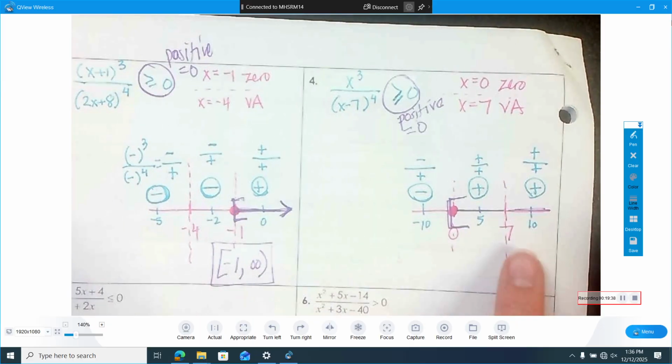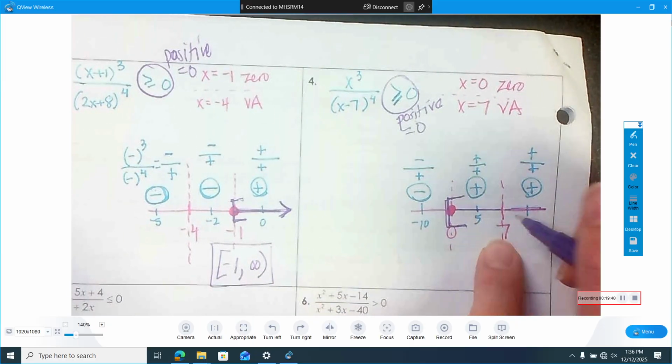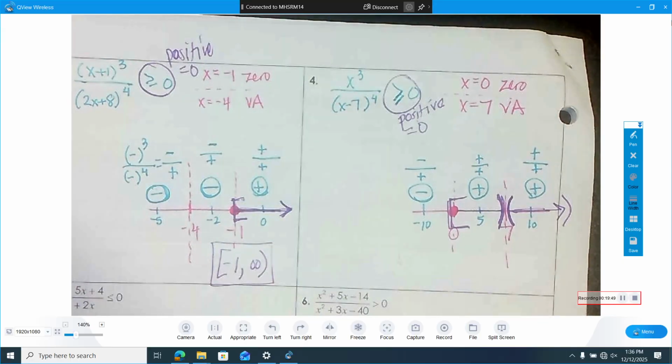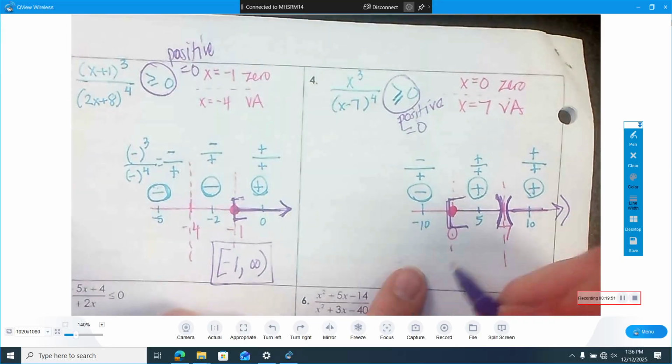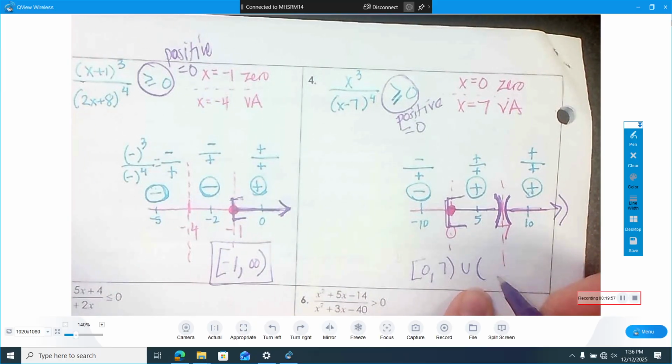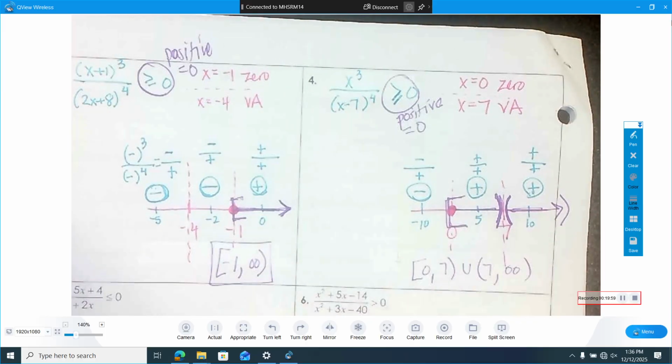All right. What do we have to do at 7? We got to take it out. We got to use the parenthesis because we're not allowed to equal it. So any of those, be very, very careful. So this goes from 0 all the way to 7, parenthesis, union 7 to infinity.